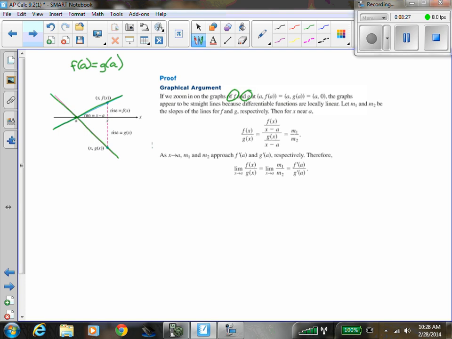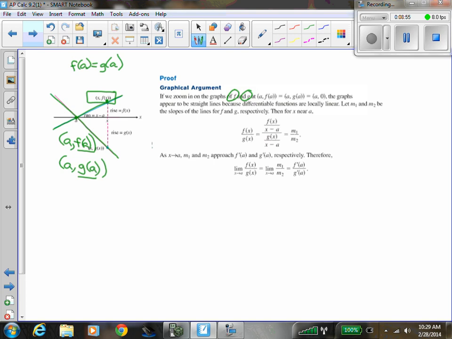Now, let me show you how they're getting that. Take this ordered pair right here. This is x, f of x for a value of x that is near A. Now, remember that this ordered pair here is a, f of a, all right? But it's also a, g of a because these two things right here are equal, all right?